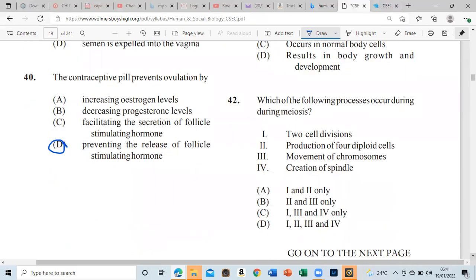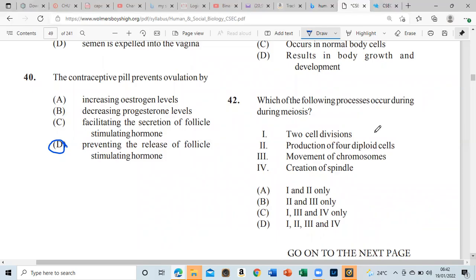42, which of the following processes occurs during meiosis? 1, two-cell division. 2, production of 4 diploid cells. 3, movement of chromosomes. 4, creation of the spindle. And 42 is, let's see the options.